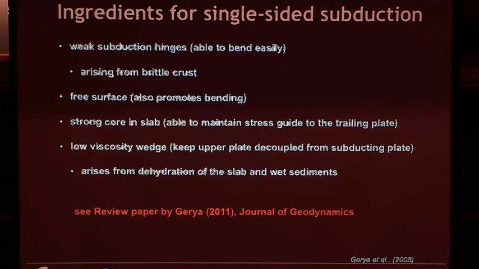And we think that wedge is simply the product of dehydration of water-bearing mineral phases reaching pressures at which they have their water removed, and it's just pressure driven, and that helps define a nice wet and then lower viscosity wedge.